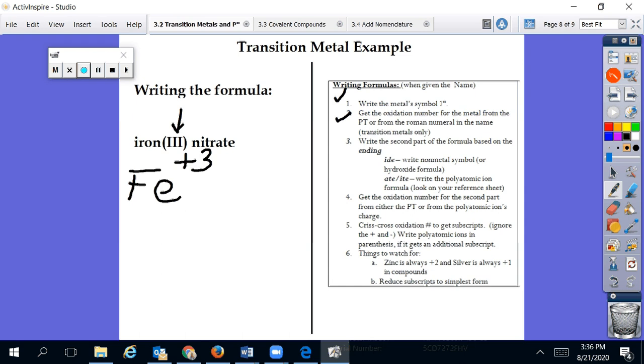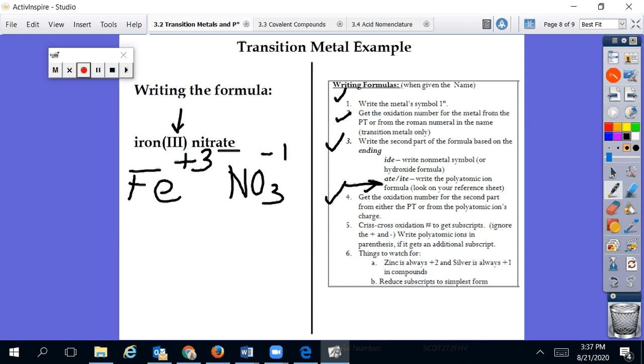Next, we're going to look at the second part of the formula. We look at the ending and we see that it's got an ate. That means it's a polyatomic, so we've got to look at our polyatomic sheet. And we find that nitrate is NO3, and then we get the oxidation number off our polyatomic sheet, and it's a -1.